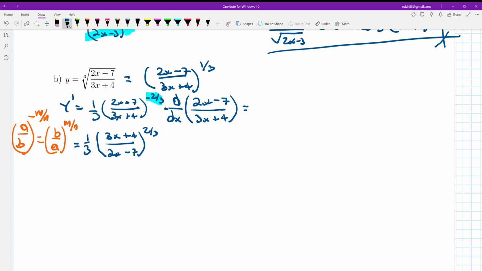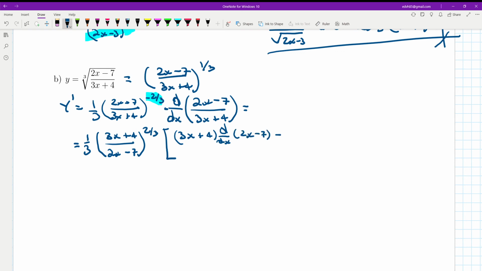All right, and let's take the derivative of this using the quotient rule. So the quotient rule for that will be the quantity in the denominator, that is 3x plus 4, times the derivative with respect to x of 2x minus 7, minus 2x minus 7 times the derivative with respect to x of 3x plus 4.